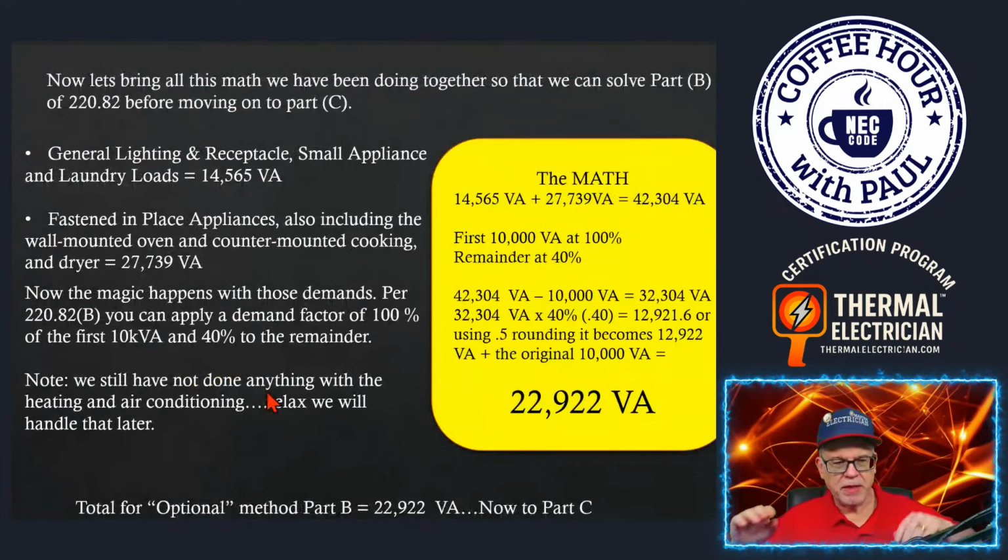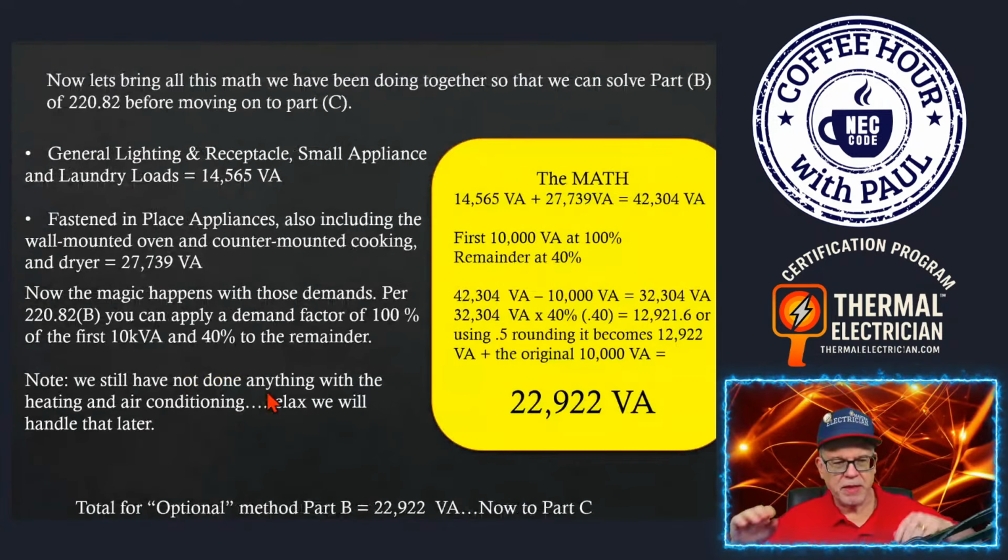Okay. So let's see here. Let's bring this all together. So remember what our general lighting was? Let's see, where are we at? Right here, 14,565. Remember, when you added all of the appliances together, that was 27,739.